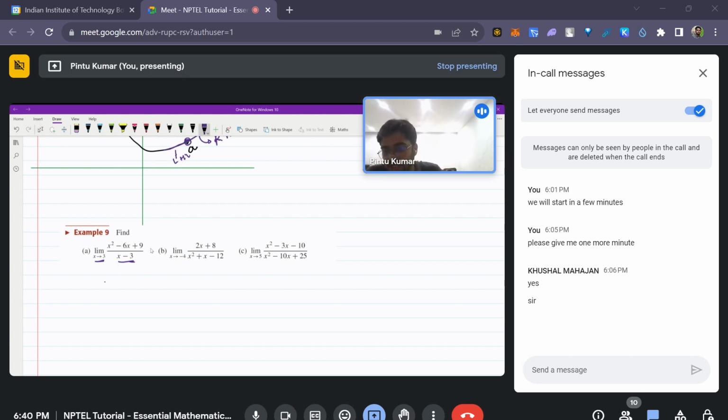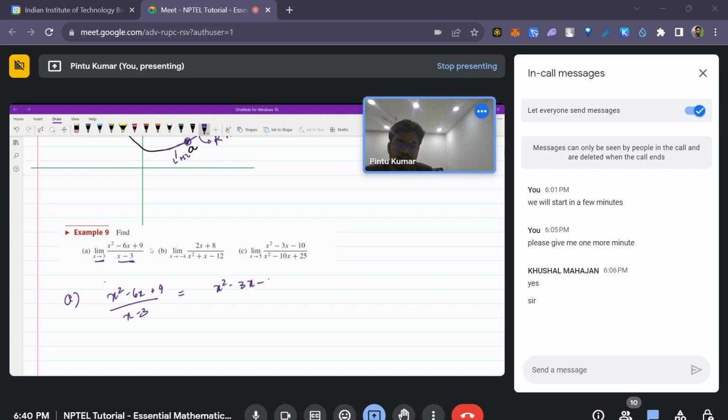Okay, so if you look at the first example, this is x square minus 6x plus 9 divided by x minus 3. If you break the above term, this would be x square minus 3x minus 3x plus 9 divided by x minus 3.